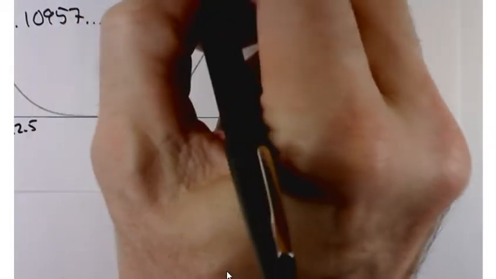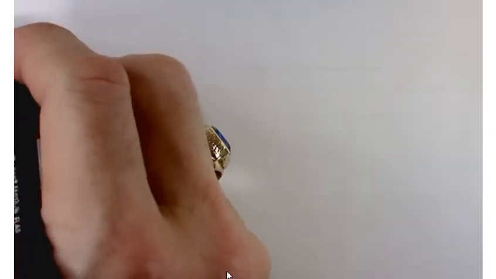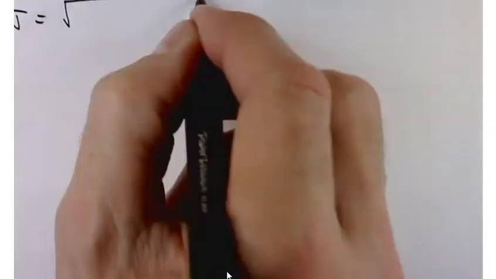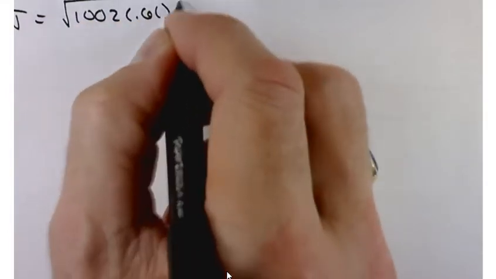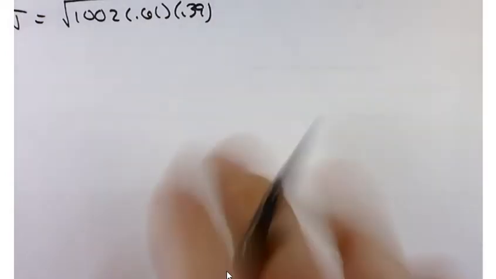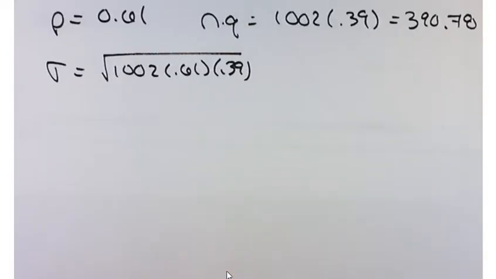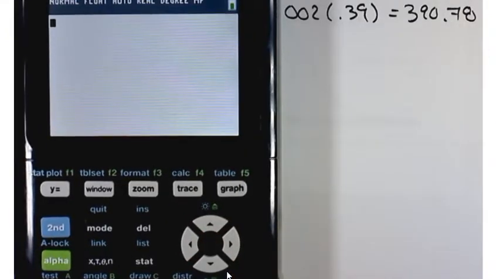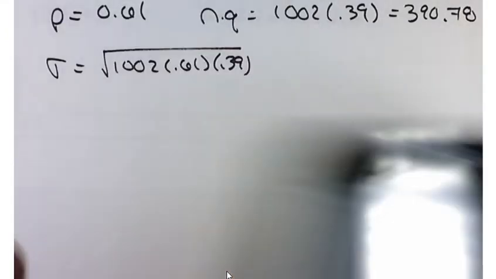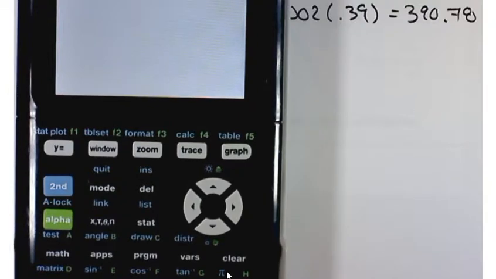So x is going to be normally distributed with a mean of 611.22. We need the standard deviation. So the standard deviation is going to be the square root of 1,002 times 0.61 times 0.39. Typically speaking, what I'll do is this, 1,002 times 0.61 times 0.39.